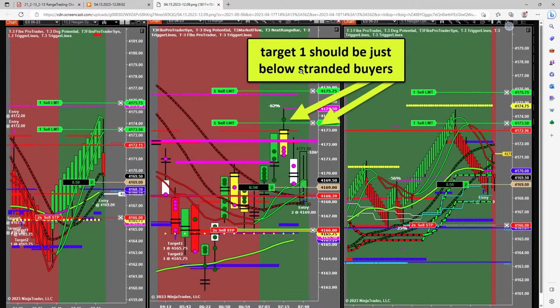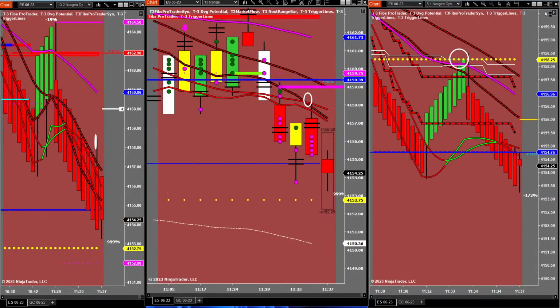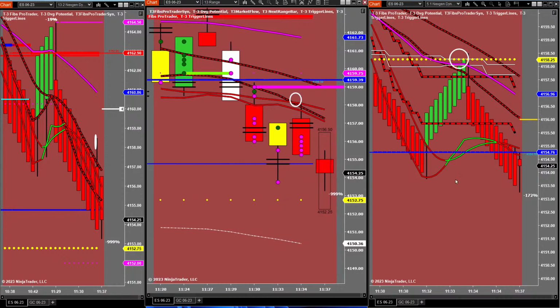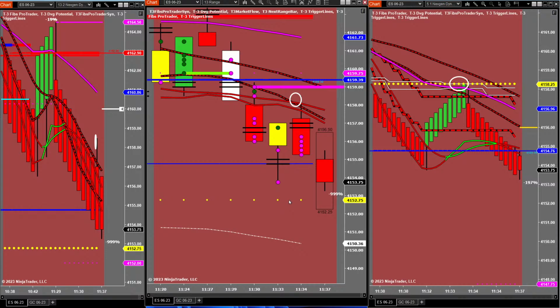Target one usually is going to be below stranded buyers or above stranded sellers. So this is where they retest the high again and you take profit. If you were to put your target at fibs and or prior stranded buyers or sellers, check it out.